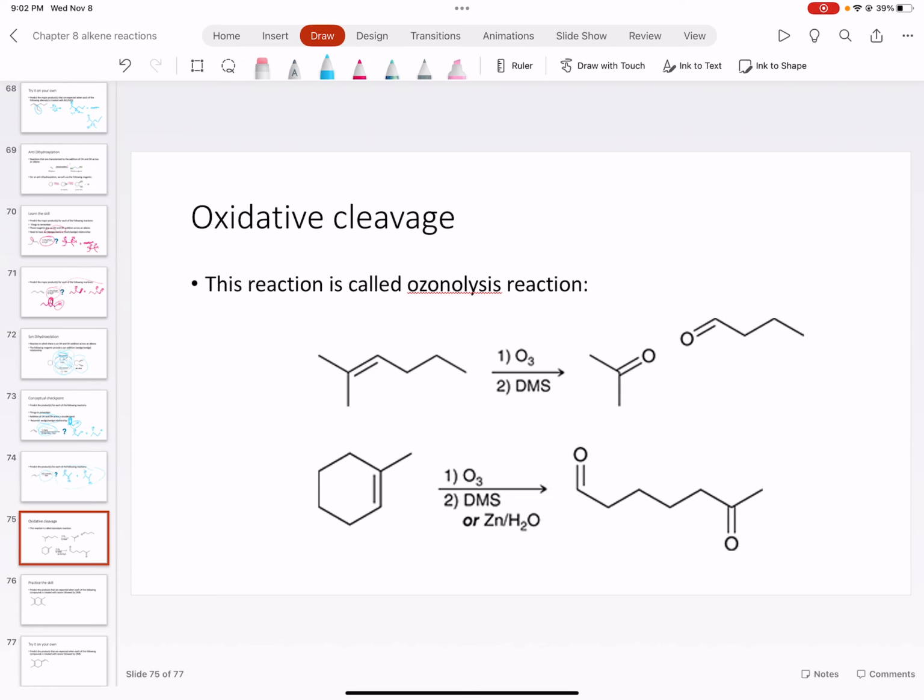So then this one's pretty nice actually. It's called oxidative cleavage. This reaction is called an ozonolysis reaction. Ozonolysis only happens when we get these products down here.